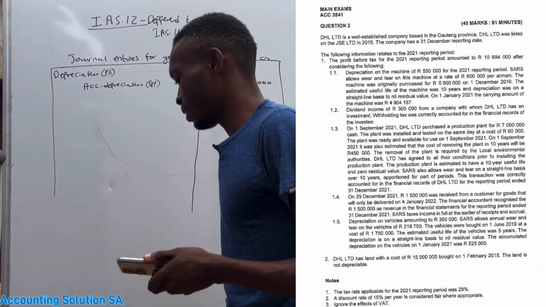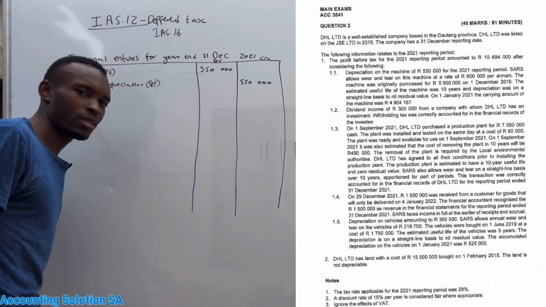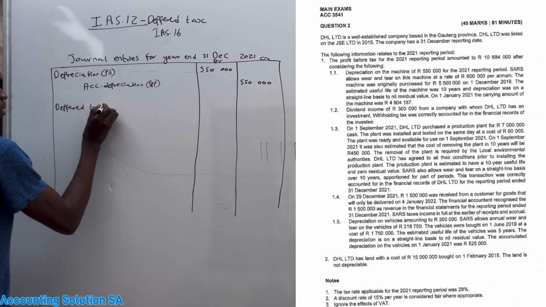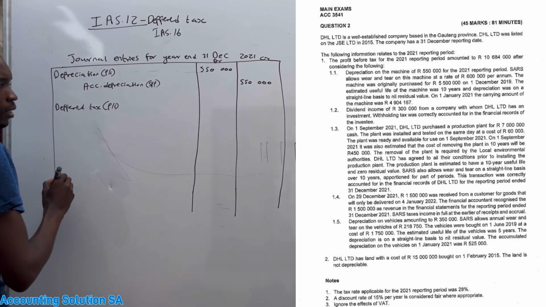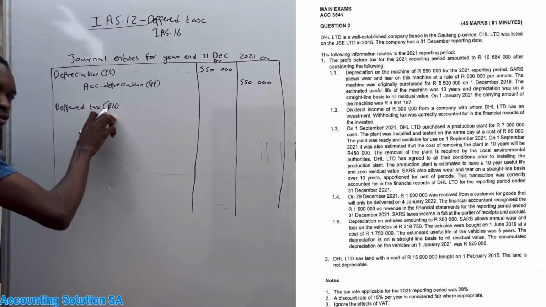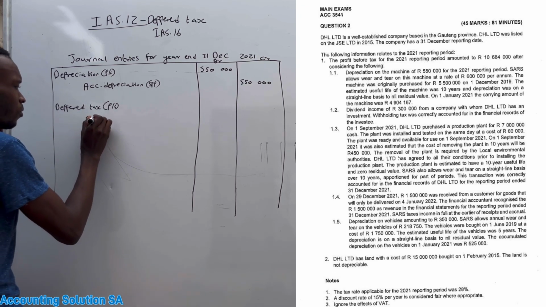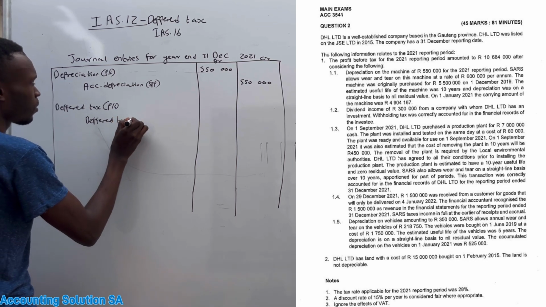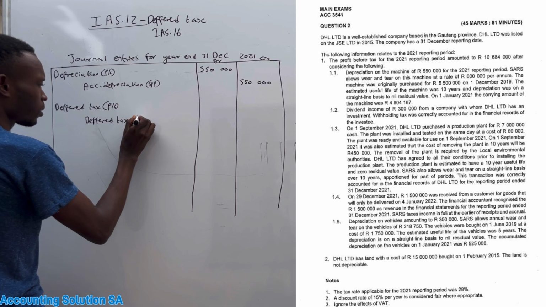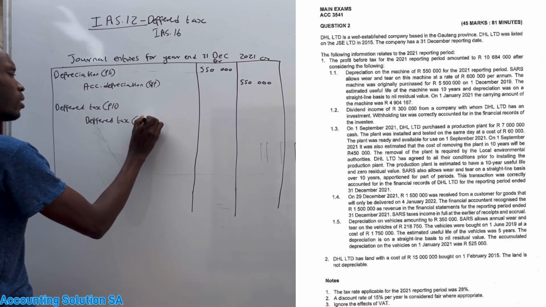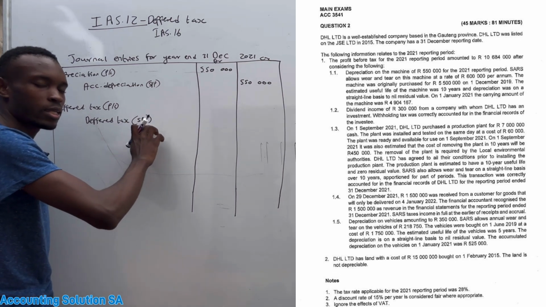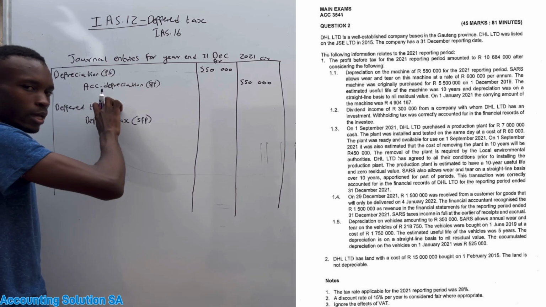This is going to be a deferred tax liability. How do you draw the deferred tax liability journal? Very simple. You make sure that on your debit side, deferred tax is P&L, in other words the side of expense, and deferred tax of SFP, statement of financial position, must be on the credit side, representing increasing liability and increasing expense.